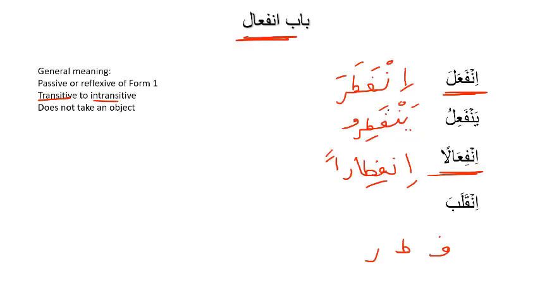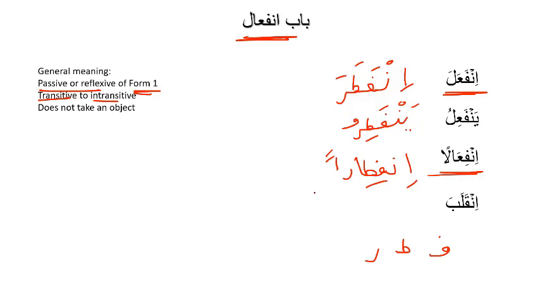What does that mean, on the last slide? Passive or reflexive of form 1 means that sometimes if you have a form 1 verb which has an object, like fatara, then you convert that verb into something else where that same action is happening unto itself, where the object is not required.